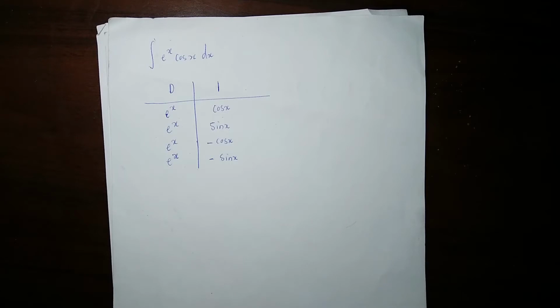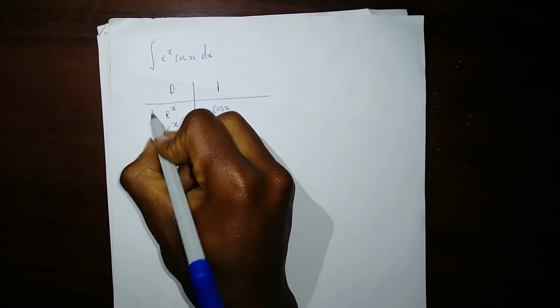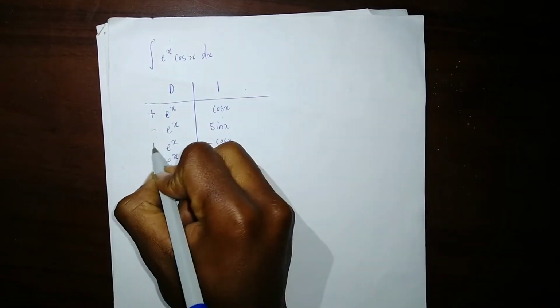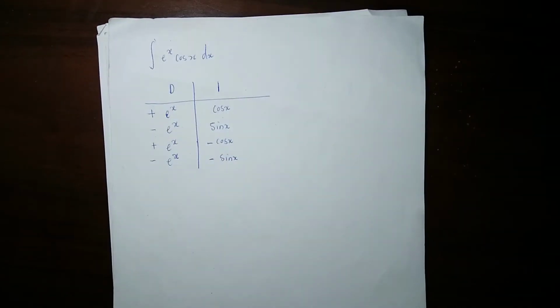So likewise, we are going to put our plus, negative, plus, negative. So this type of scenario has its own way of doing. So we are going to look for a row that regenerates our question.